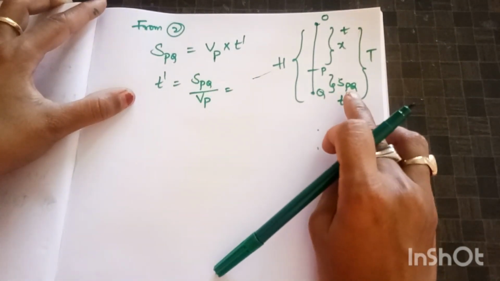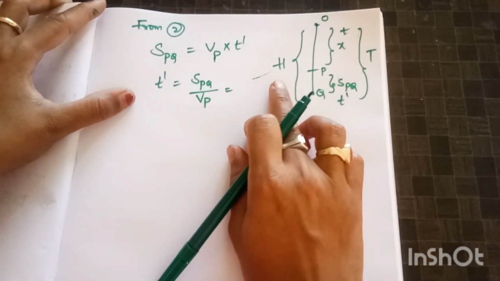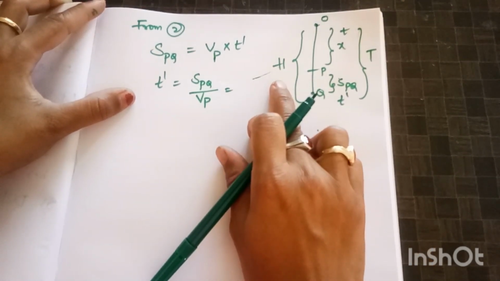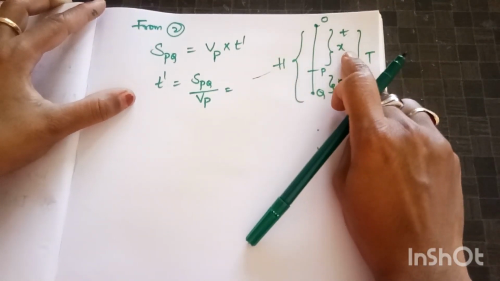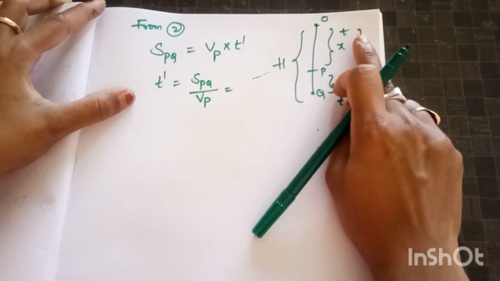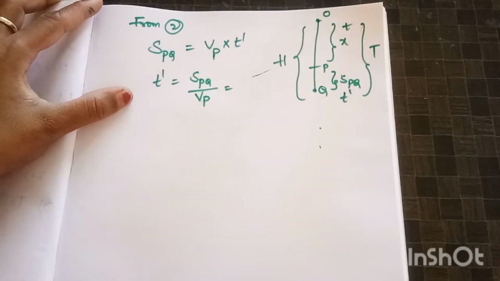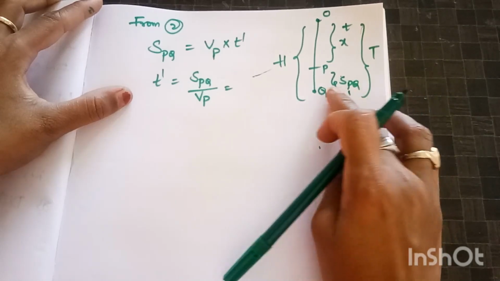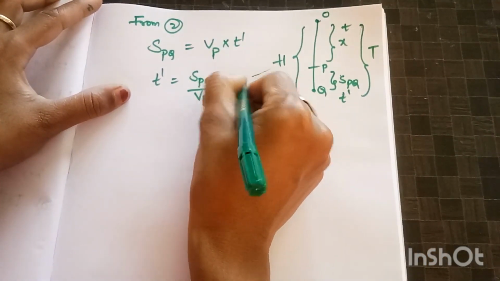So to get the distance S_PQ, what can we write? Here h is the total distance traveled by the body, and x is the distance traveled before gravity ceases, at a time t. The distance traveled from P to Q is S_PQ, so S_PQ can be written as h minus x.